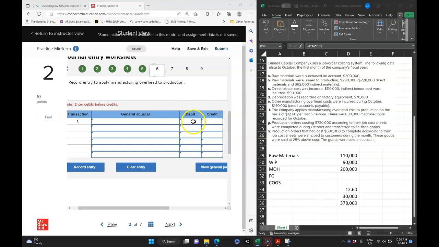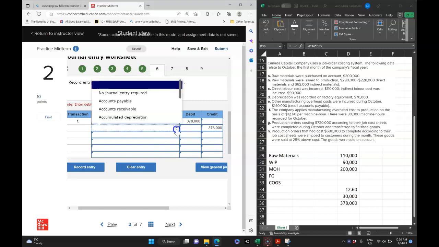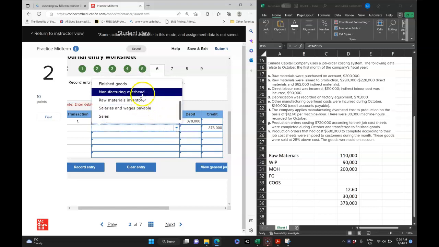So this is what we allocate into WIP when we're working on a job, because we don't know what the actual manufacturing overhead is until the end of the year. So the applied goes straight into the work in process account, and then this comes out of the manufacturing overhead account. So in and out.